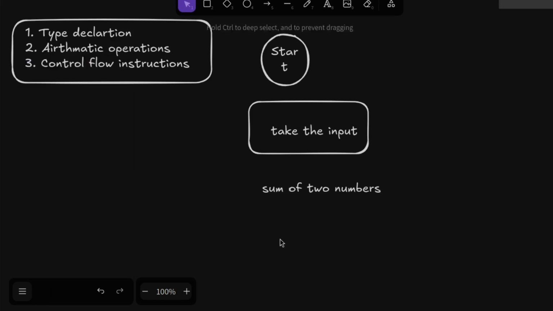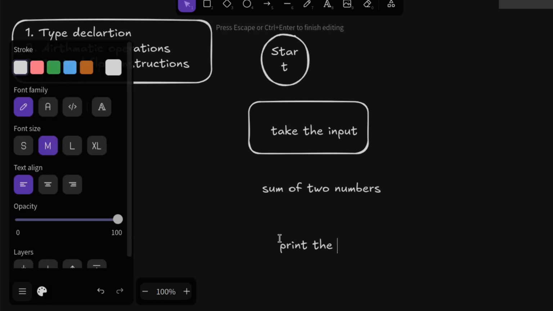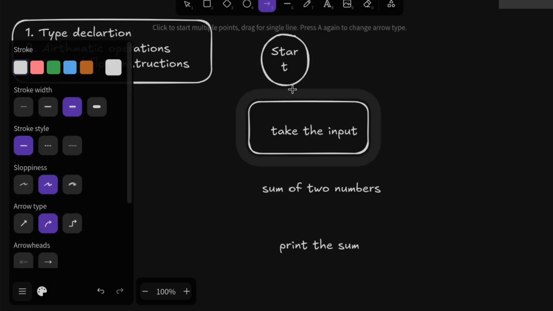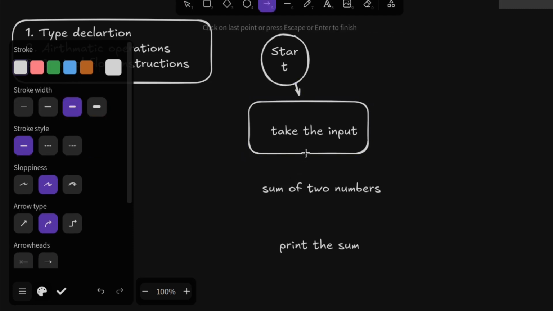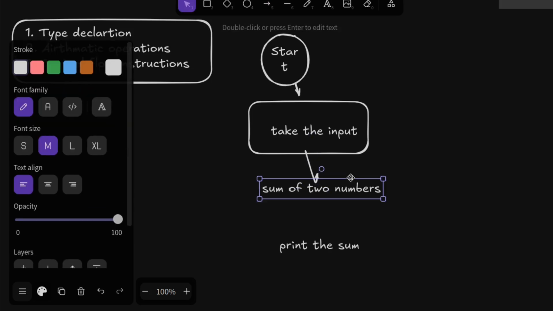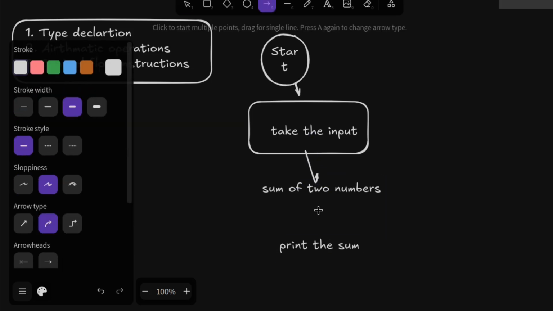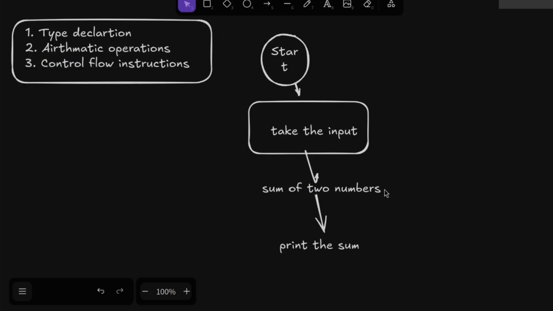After that we print the sum. I use arrows between these steps. So this is a basic algorithm.